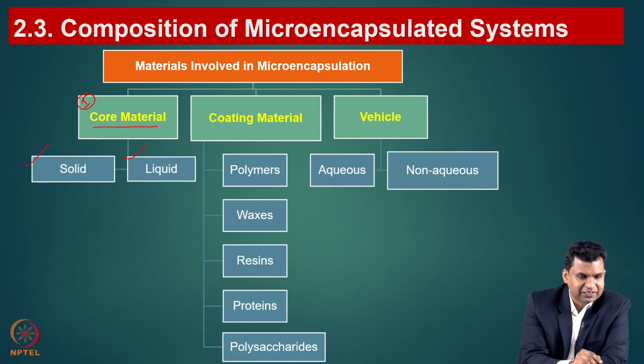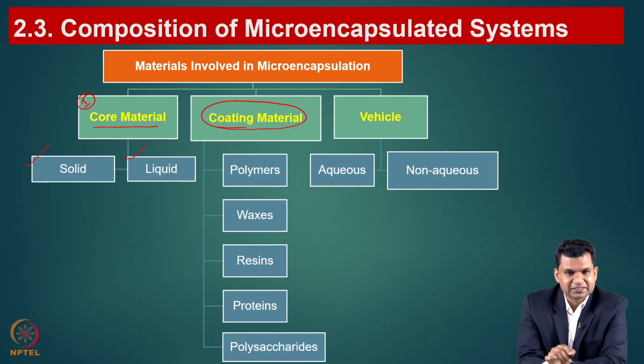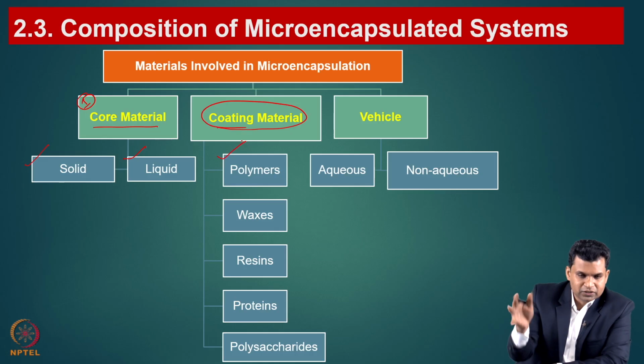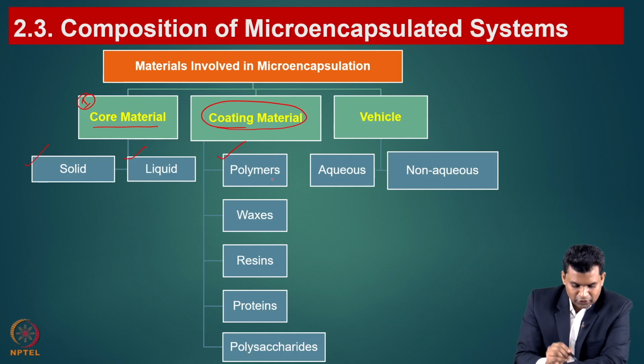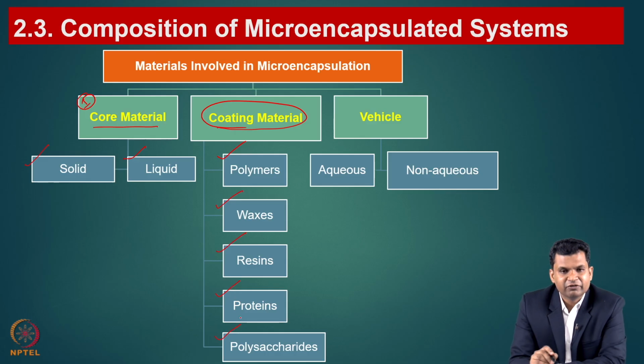So, this is our active molecule, and the second platform is the coating material. Here you can see the coating material, which we coat or surround on the surface of the active molecule. Polymers, waxes, resins, proteins and polysaccharides are involved as coating materials.